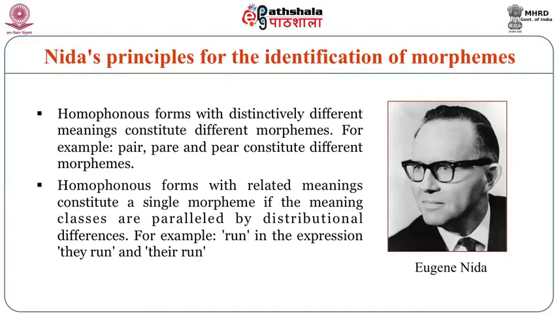Homophonous forms with related meanings constitute a single morpheme if the meaning classes are paralleled by distributional differences. Again, I give you an example, that is run. In the expression they run and their run, they are two different words in different contexts.